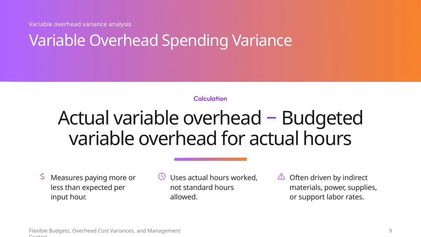The formula is straightforward: actual variable overhead minus budgeted variable overhead for the actual hours worked. This variance often reflects changes in costs related to indirect materials, power, supplies, or the rates we pay for support labor. Understanding these variances is key for flexible budgeting, controlling overhead costs, and effective management control.